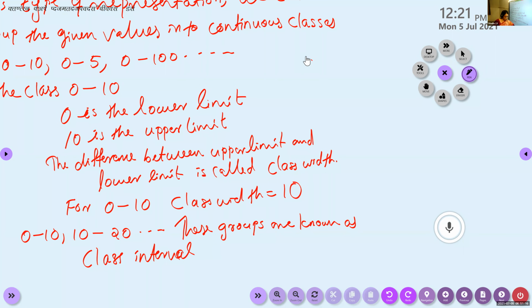The next class is 150 to 175, then 175 to 200. The last class is 300 to 325, and frequencies are also given.